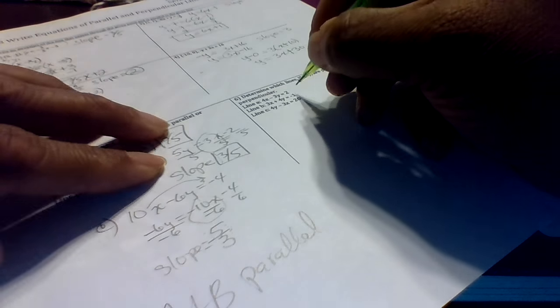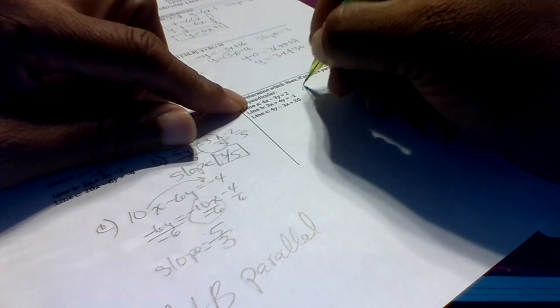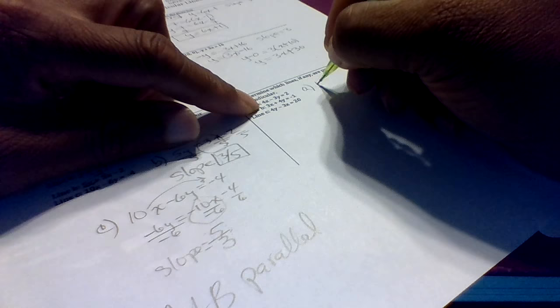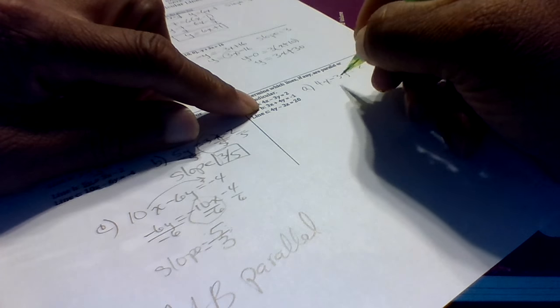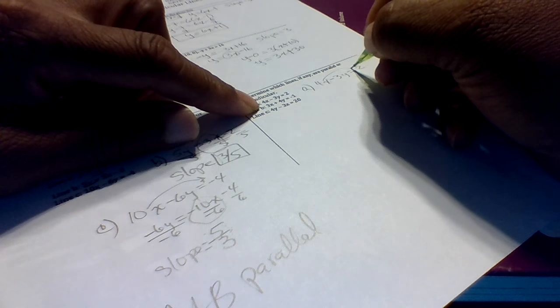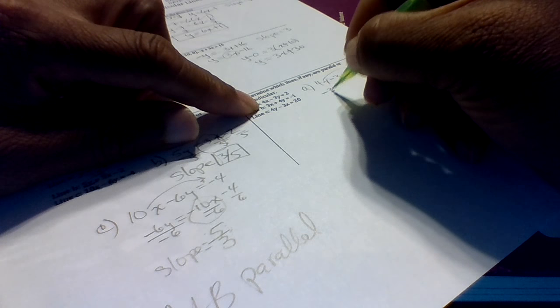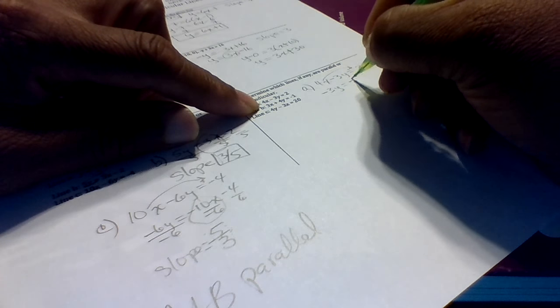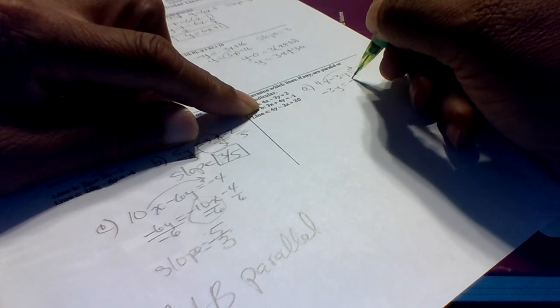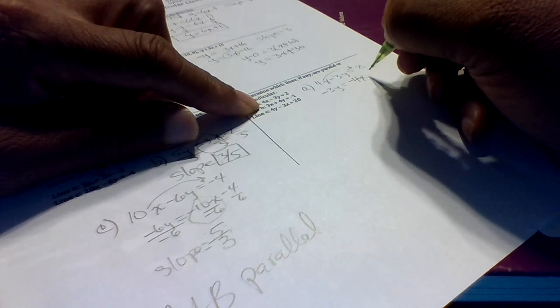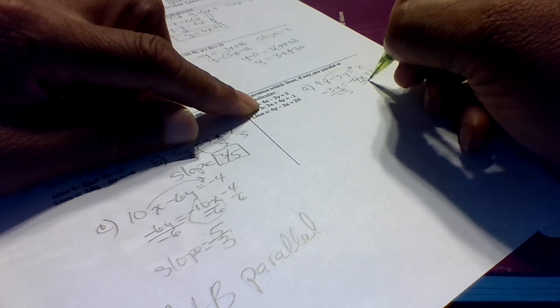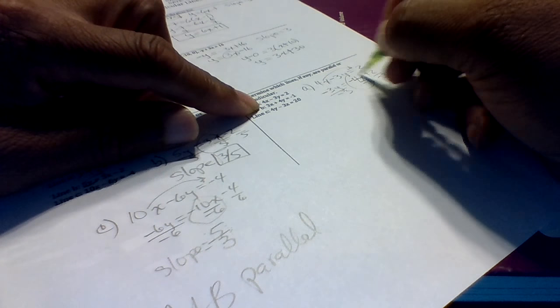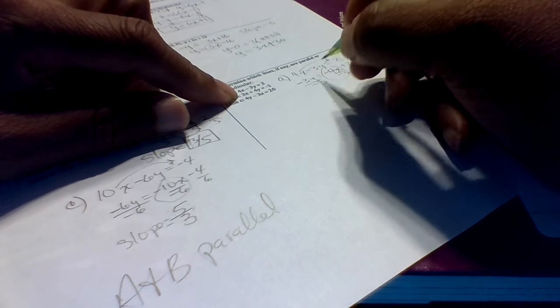And the last problem on this one, A is 4x minus 3y equals 2. I need to take the 4x to the other side. So -3y is equal to -4x plus 2. Divide everything through by -3. So a negative divided by a negative is a positive.